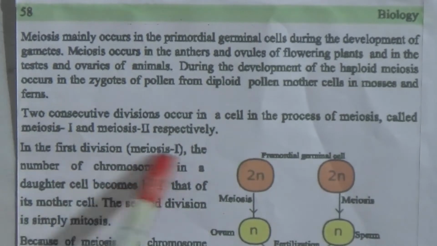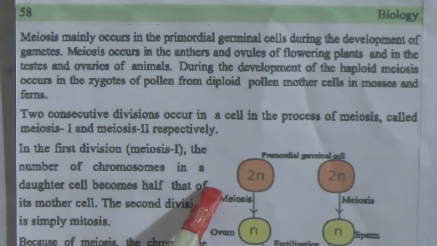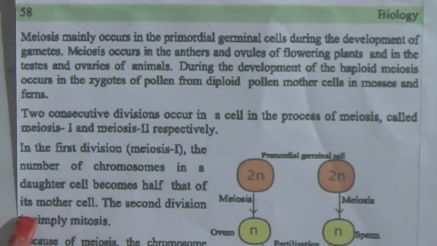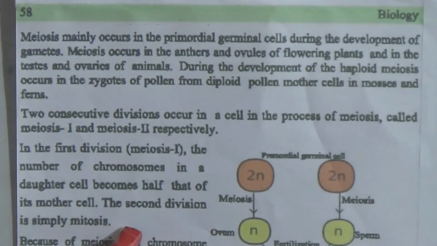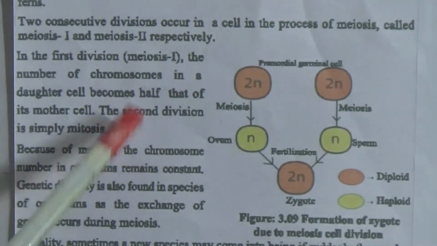In the first division, meiosis 1, the number of chromosomes in a daughter cell becomes half that of its mother cell, and the second division is simply mitosis, and that's why the first division is called the reductional division and the second division is called the equational division.